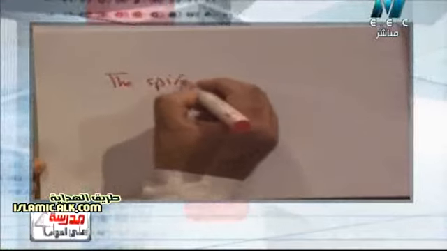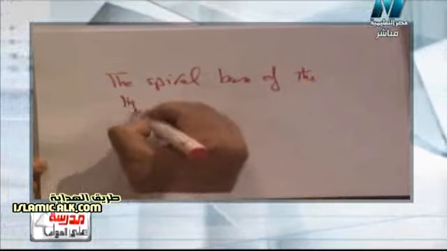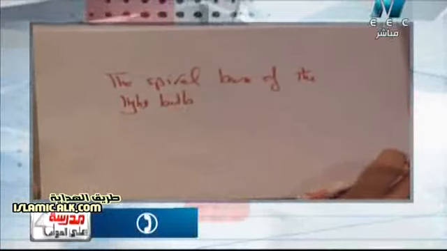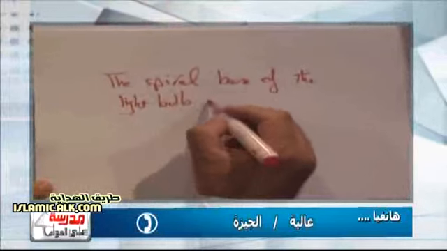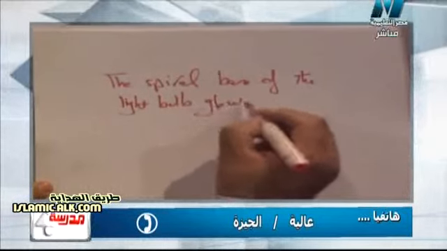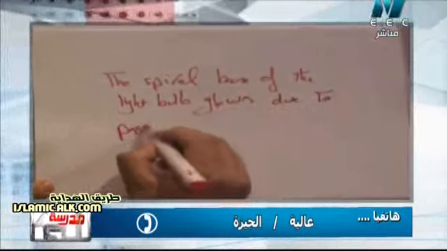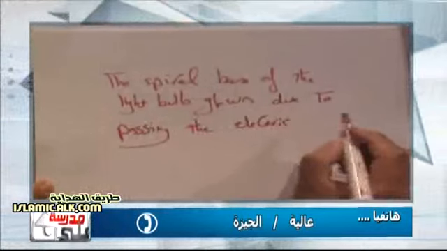Okay, Alia, the spiral base of the light bulb glows due to? Yeah. Passing the electric current through it. Passing the electric current.